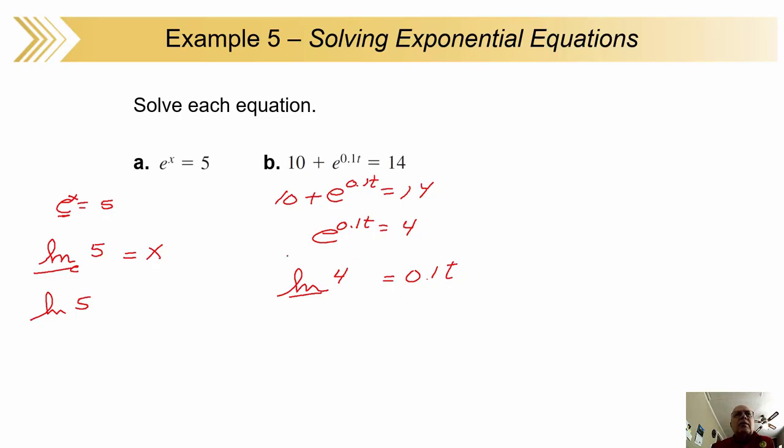Now, don't worry about this. You could throw it in your calculator and find the natural logarithm of 4. You don't need to right away. What you can do is look at the right-hand side. If you're solving this equation and just looked at the right-hand side, you'd multiply both sides by 10. So 10 natural logarithm of 4 equals 1t. And that's what you want.